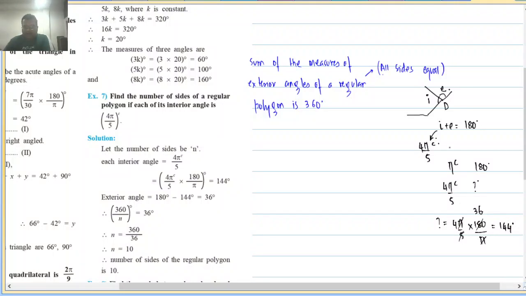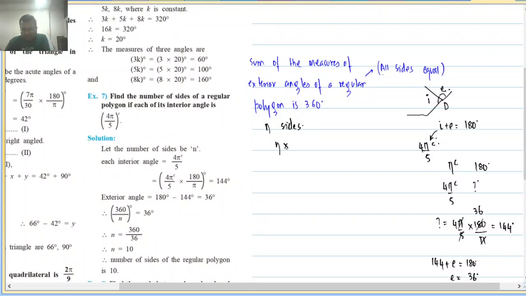So interior angle is 144, but I plus E is 180. So 144 plus E is 180. So what is E? 180 minus 144, which is 36 degrees. Understood? So suppose there are n sides, then there will be n exterior angles.